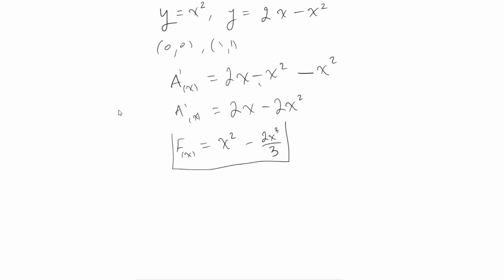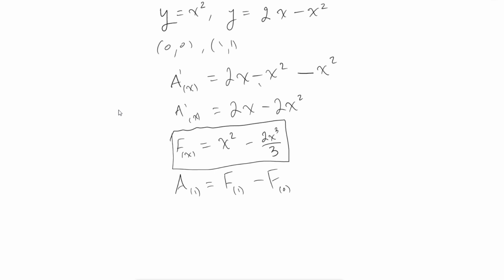What I'm trying to say is we're going to leave that at this, and then know that the area when x is equal to 1, which of course is one of our important values, is equal to the antiderivative at 1 minus the antiderivative at 0, which is our other boundary.